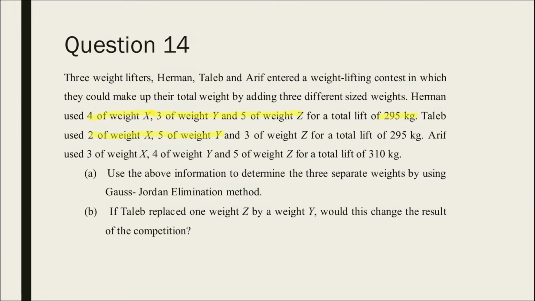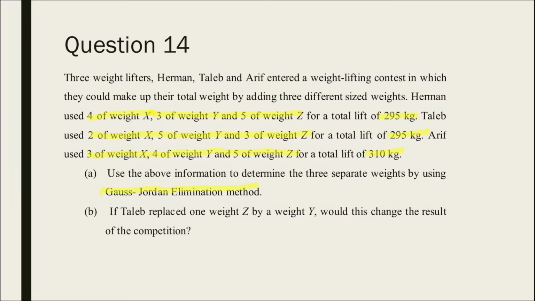Talib, 2 of weight X, 5 of weight Y and 3 of weight Z for total 295. Arif, 3 of weight X, 4 of weight Y and 5 of weight Z for a total of 310 kilo. Use the above information to determine the 3 separate weights by using Gauss-Jordan elimination method.